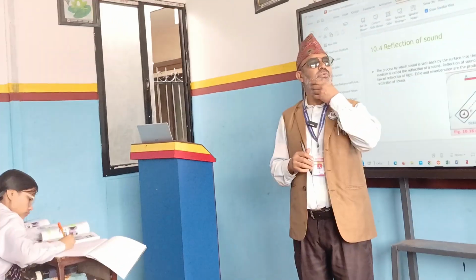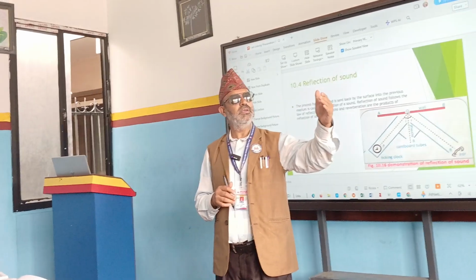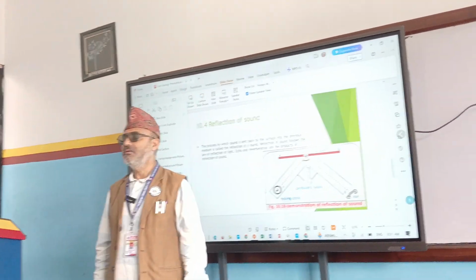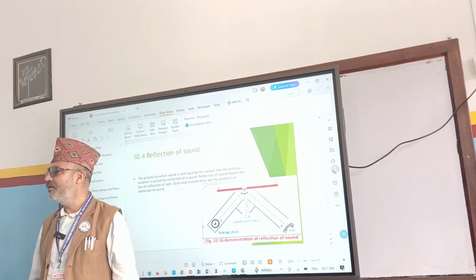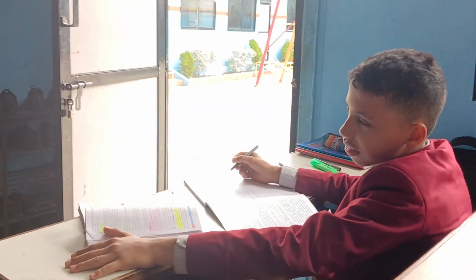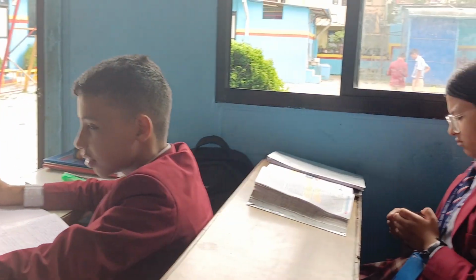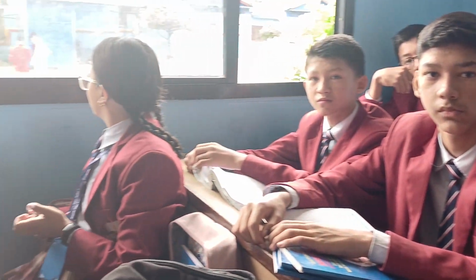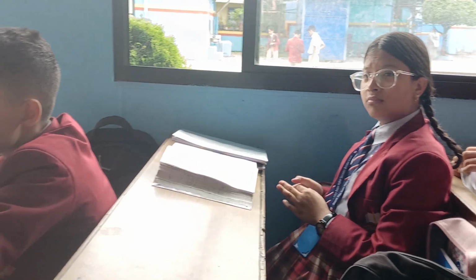And when you go to a place where there is a hard obstacle and say something, then such a sound is repeated or not. So that is also because of reflection of sound. Reflection of sound means the phenomenon by which sound returns back to the same medium.